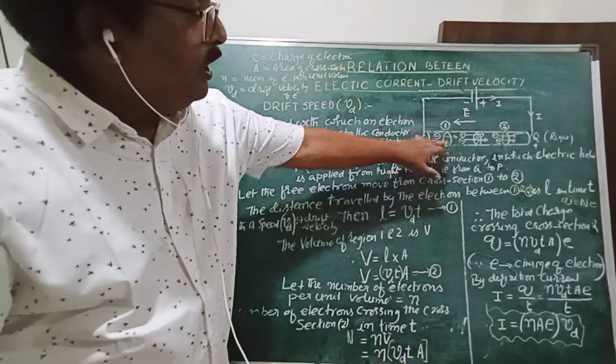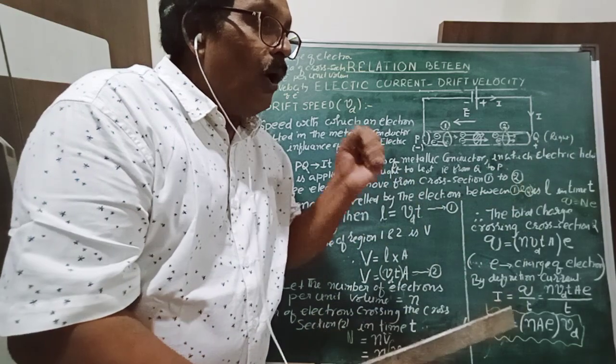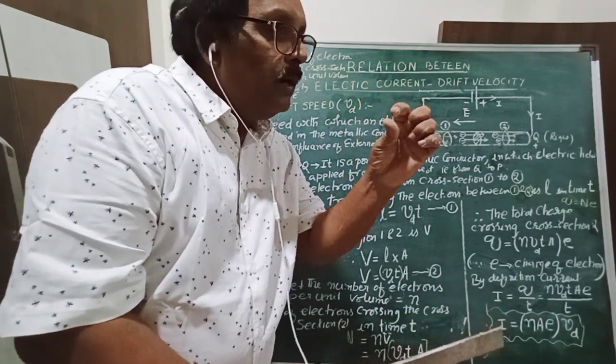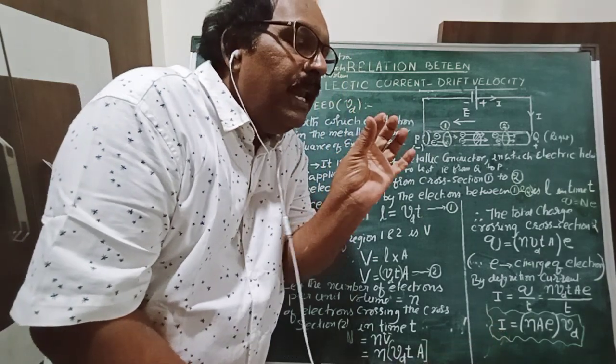After calculating the volume, I must assume how many electrons are present per unit volume. The number of electrons per unit volume is small n.